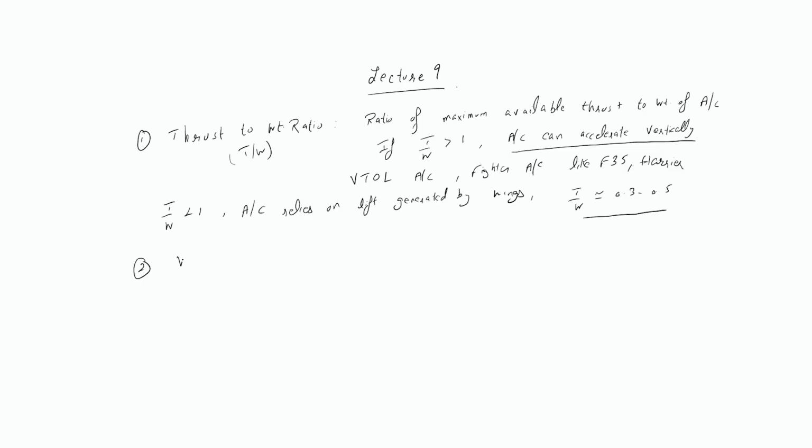Next is wing loading. Wing loading, as the name suggests, is the weight of the aircraft divided by wing area, that is Newton per meter square.